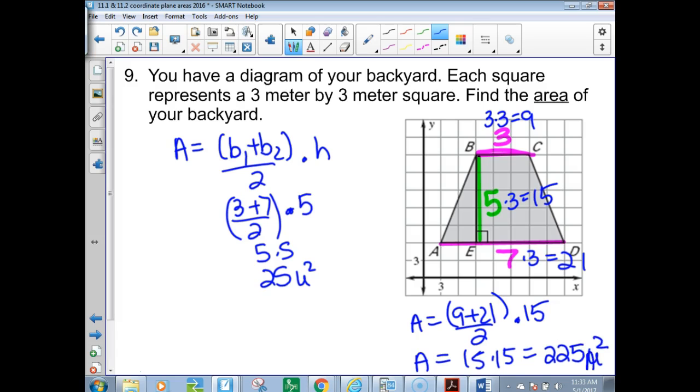And those should be in meters, by the way, because it said square meters. Is 3 times 25 225? No. What's 9 times 25? Yep, that's why, because each of those boxes is worth 9 square units.